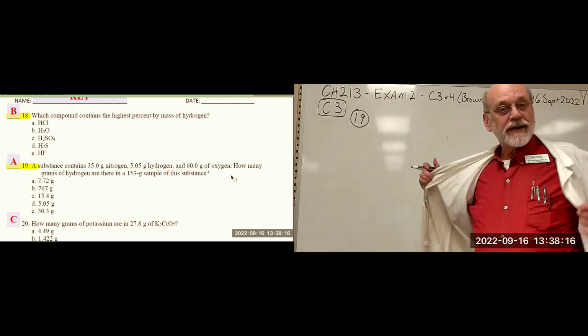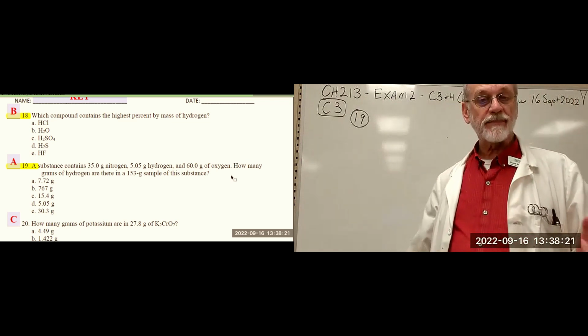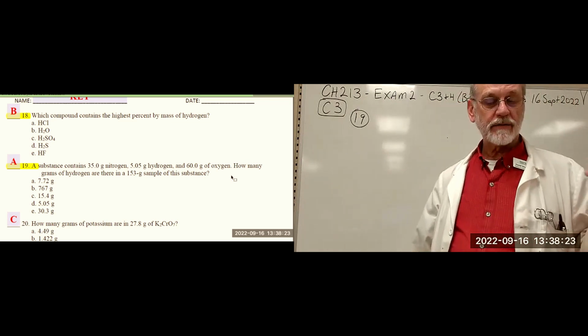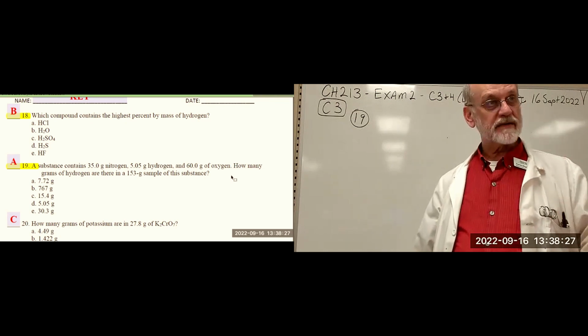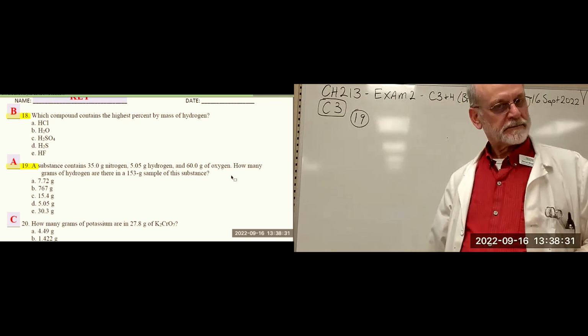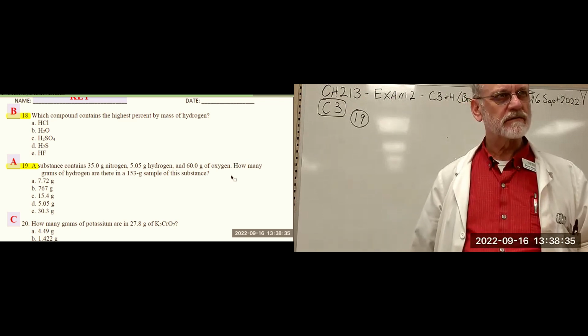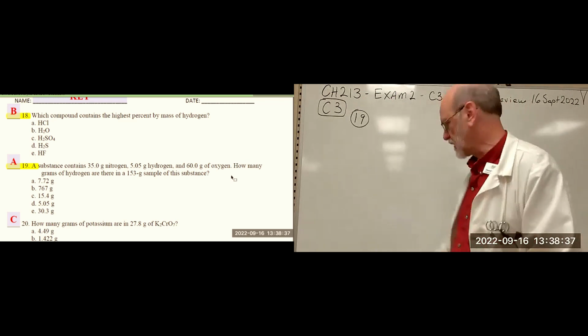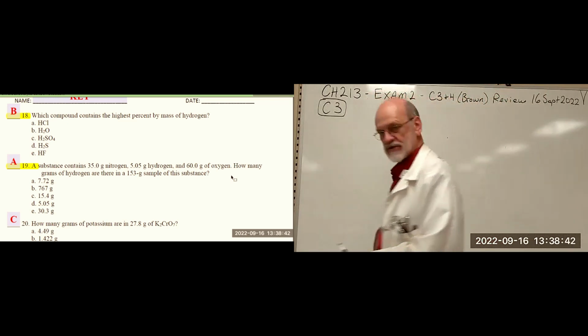All you have to do is find out what is the percent composition of hydrogen, and then multiply that times 153. Actually, a fraction would be better. Anybody need to work that one? No, I didn't think so. Need to get on some more challenging problems.